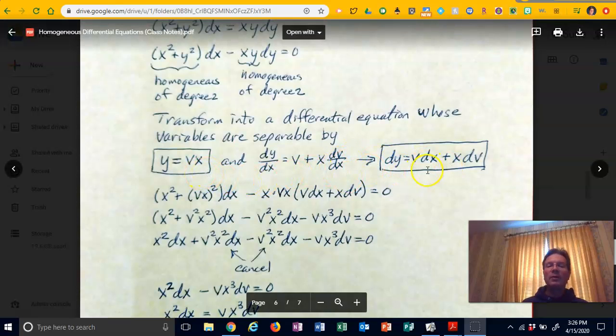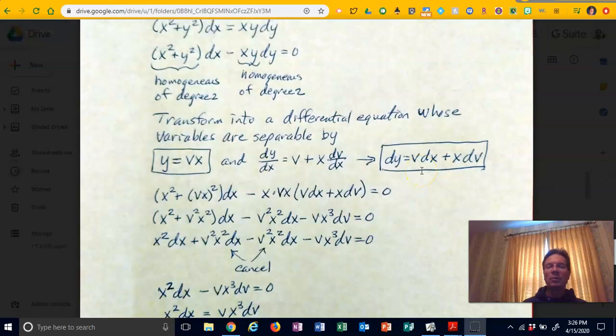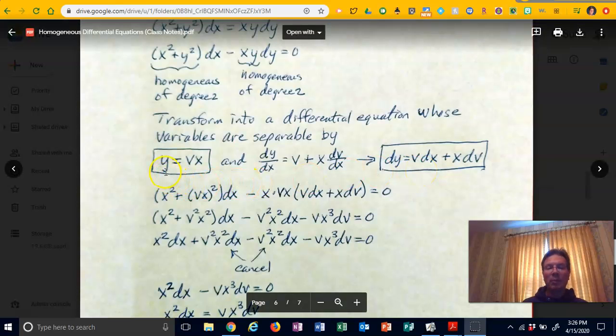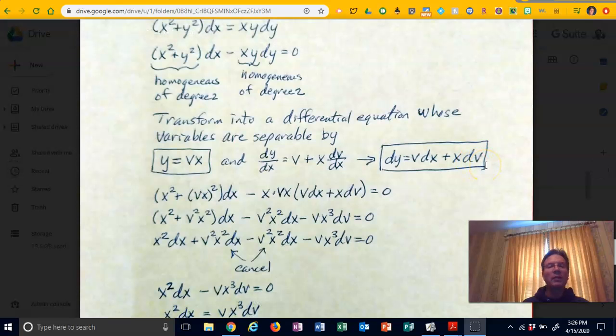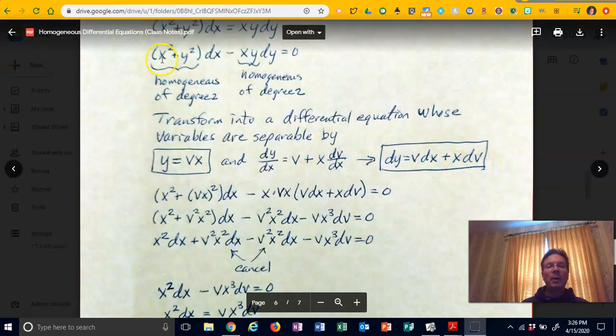So these two boxes form the substitutions we're going to use here. I'm going to replace all the y's in this differential equation up here with vx, and I'm going to replace all the dx's with v dx plus x dv. All right, that's all I'm going to do. So I go up here, there's an x squared, so I just write it down.